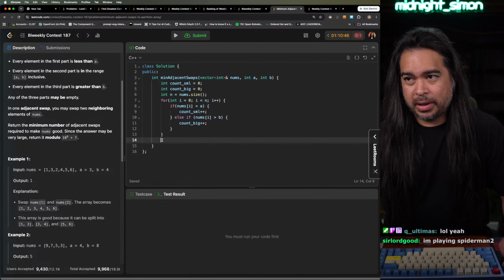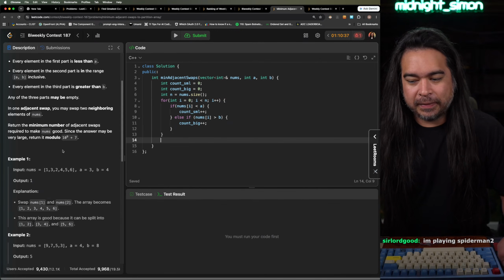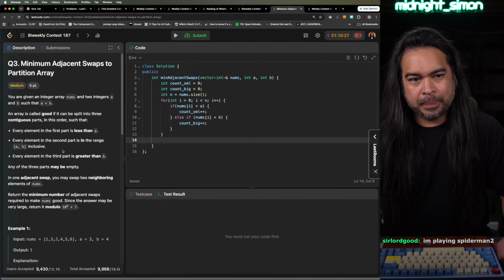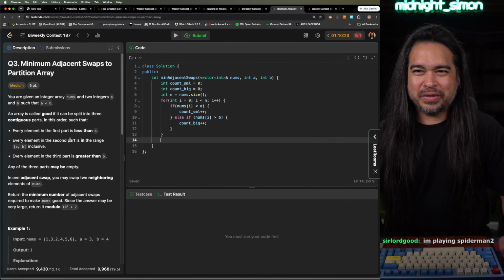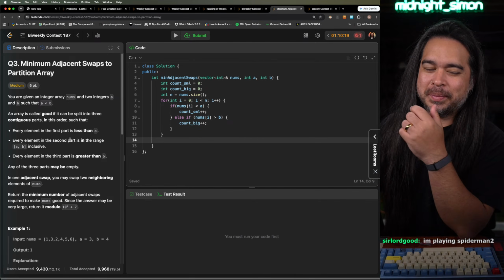But I know that we need to move them. How many swaps? This is kind of like that Dutch flag problem in a way. Let me think. Is it the same problem? Is this the same problem as the Dutch flag, man? I forget what the Dutch flag problem is though.